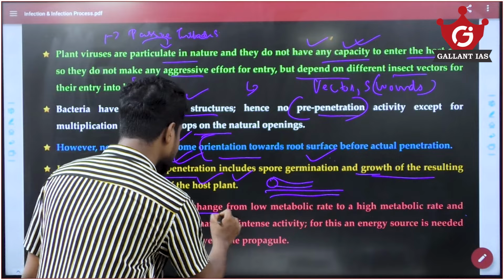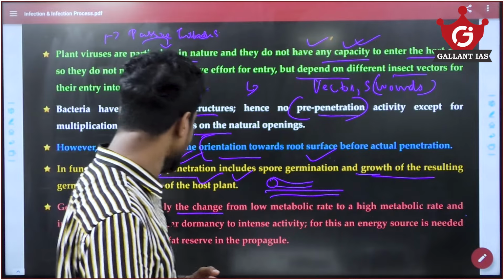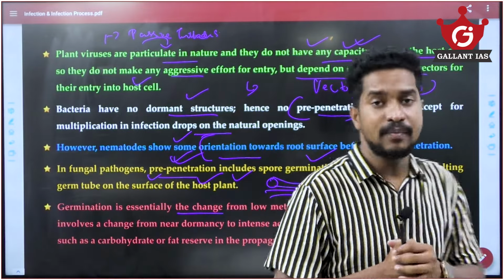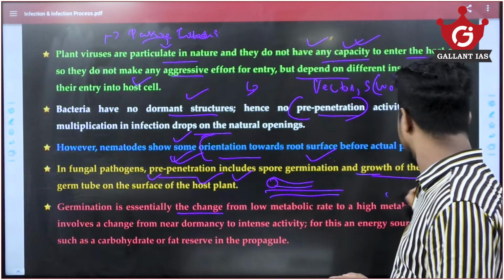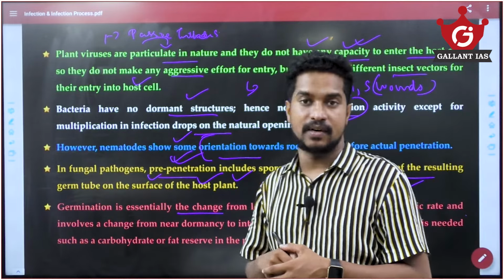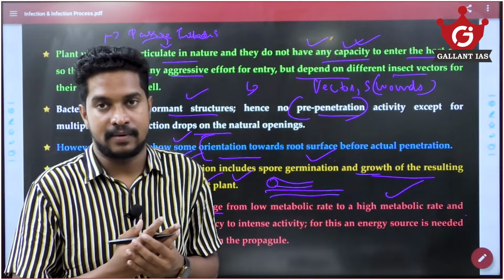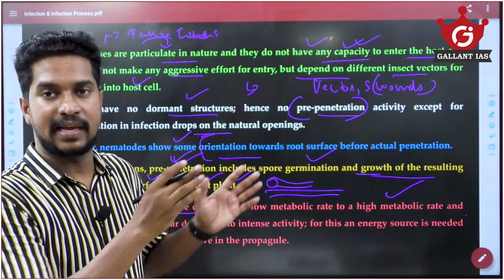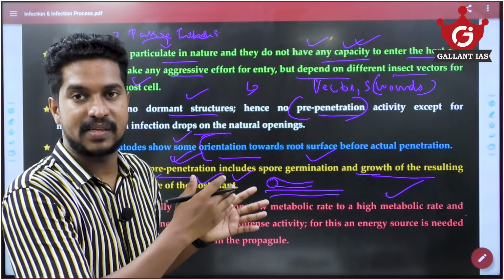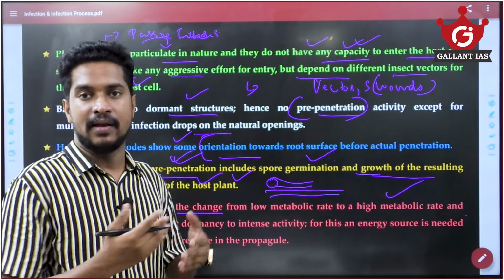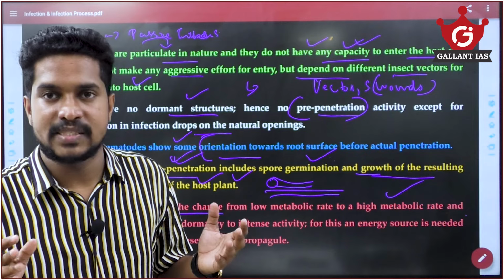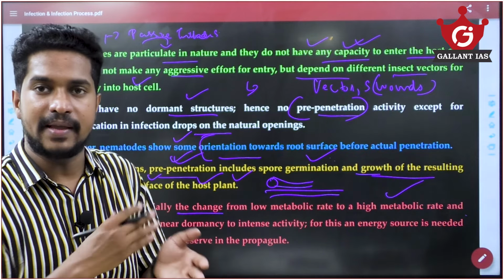Germination is essentially the change from a low metabolic rate to a high metabolic rate. Before germination it is in a dormant period, when the metabolic rate is comparatively low.